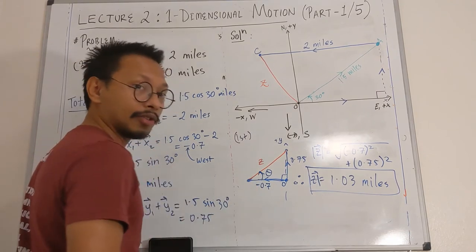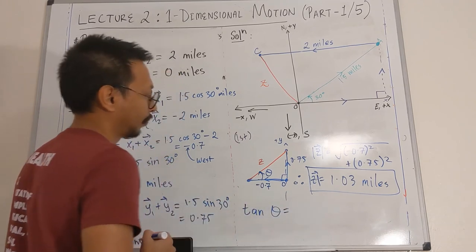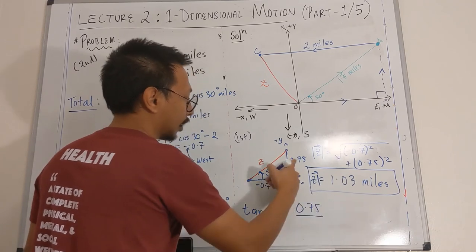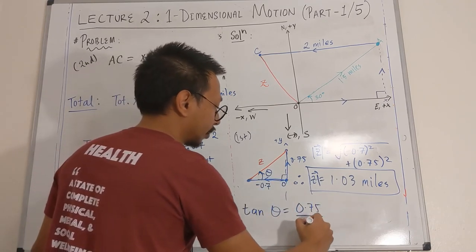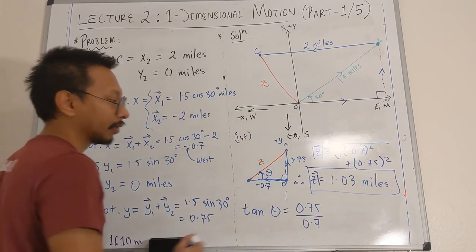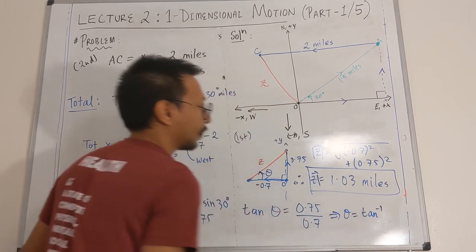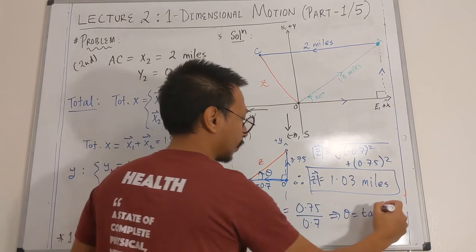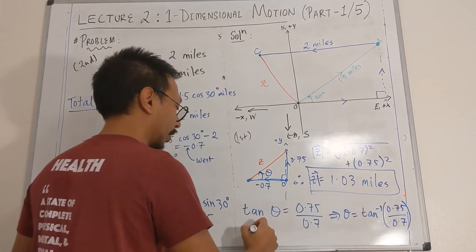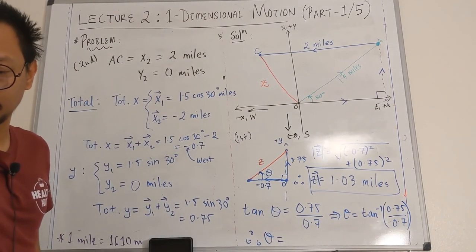Again using trigonometry, we have tan theta equals opposite, that is 0.75, over adjacent, 0.7. Also, never include the negative sign when finding angles. So theta is equal to tan inverse of 0.75 over 0.7.